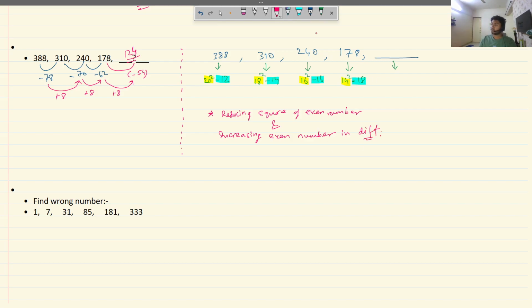That is my logic. So with the reducing square, my new number would be 12 square minus the increasing difference. The next even number after 18 would be 20. So this gives me 144 minus 20, that is 124. We are getting the same answer from this logic as well.